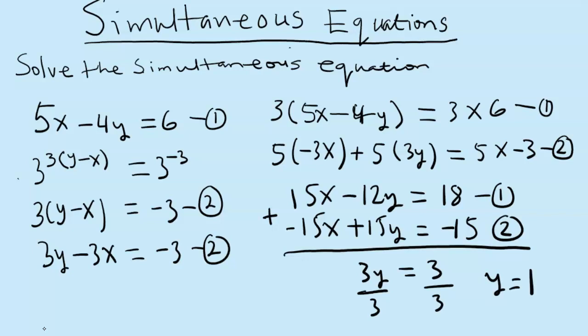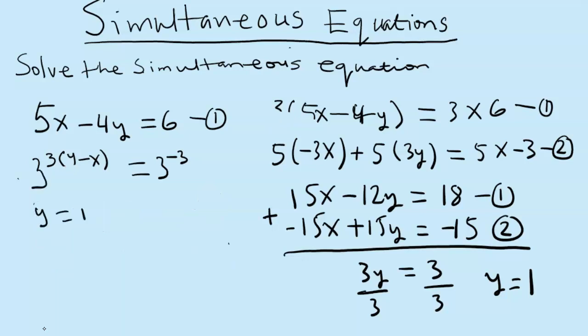So now we got y equals 1. Plug y equals 1 into the original equation 1. We don't want to make any mistake. Maybe along the way we might have made a mistake, so if we plug it in there, that's going to cost us a lot.